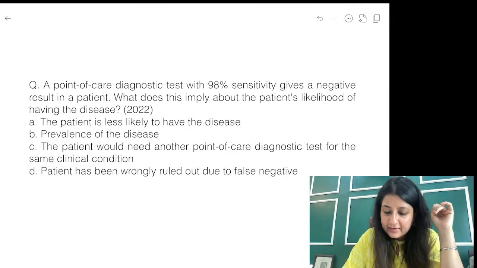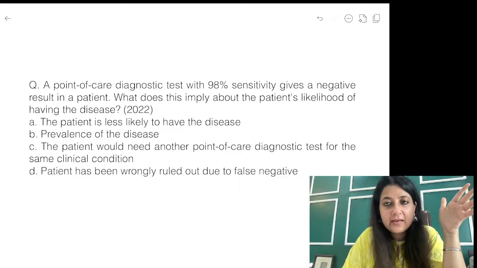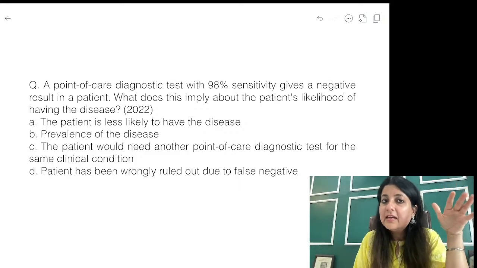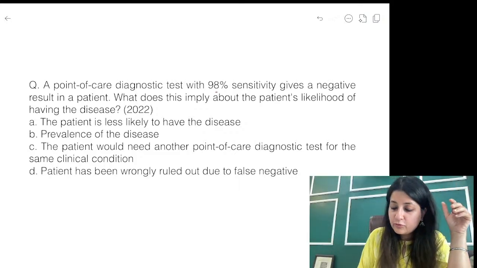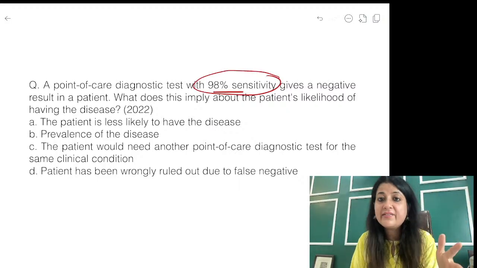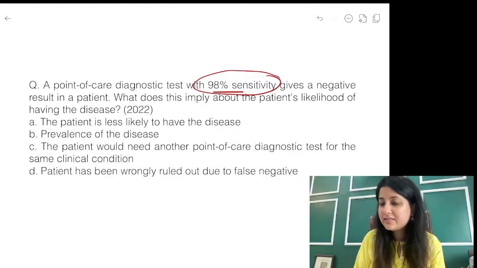A point of care डायग्नोस्टिक, रटना नहीं, ये PYQ है, बट इट्स नॉट फ्रॉम FMG एग्जाम्स, बट डोंट रटोफाई दिस. और पॉइंट ऑफ केयर डायग्नोस्टिक टेस्ट बोल रहा है 98% सेंसिटिविटी. दैट मीन्स इट हैज सच अ गुड, एनी टेस्ट विच इज लाइक बियॉन्ड 75% सेंसिटिव इज अ गुड टेस्ट. सो दिस हैज 98% सेंसिटिव.